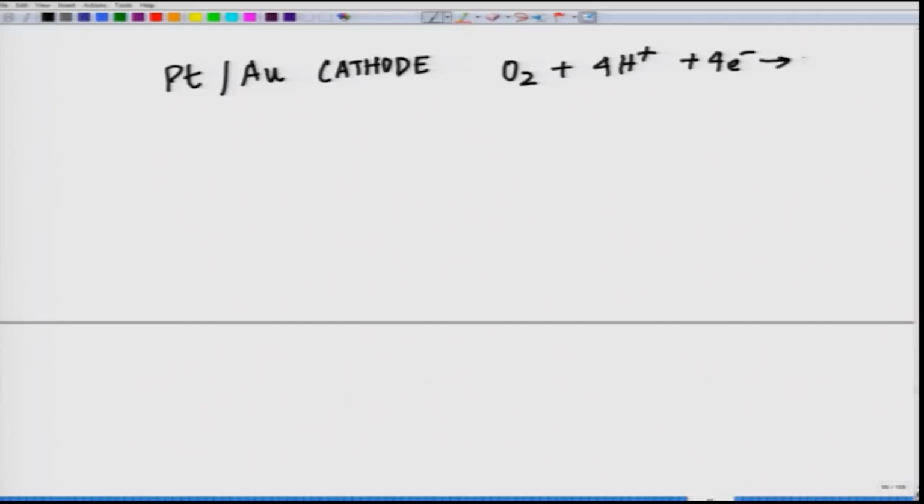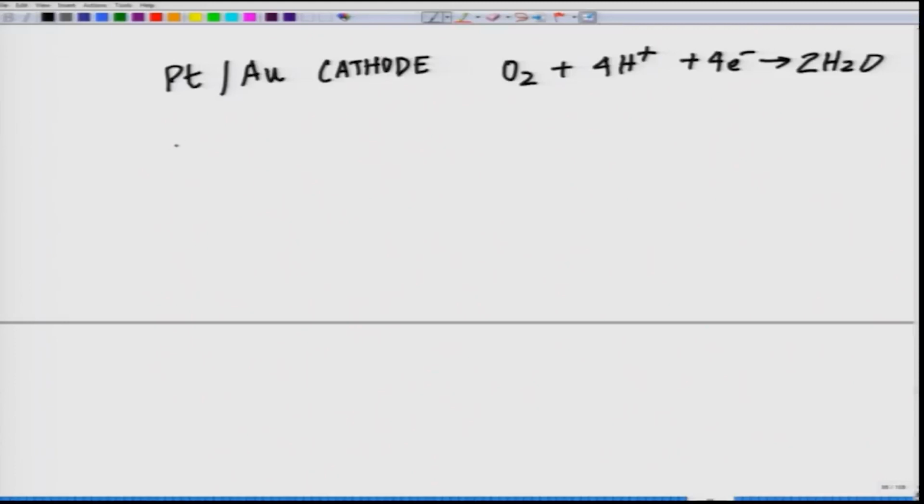Let us look at the reaction, what is happening at the platinum (Au), which is the gold cathode. The reaction is this: O2 plus 4 H+ plus 4 electrons, leading to the formation of 2 H2O.